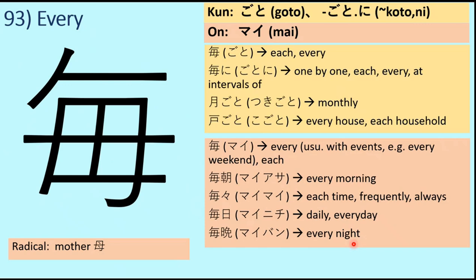So the radical is the mother radical, the mother kanji which we just discussed. This is the radical which is reused here in this kanji. Let's look at the stroke order. First stroke, second stroke, then the third stroke is similar to how we drew the mother kanji.